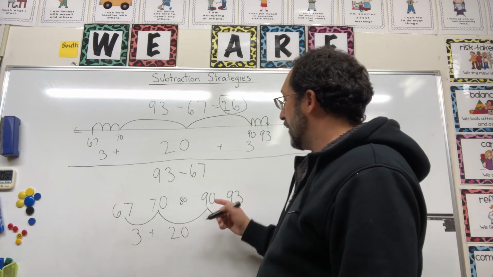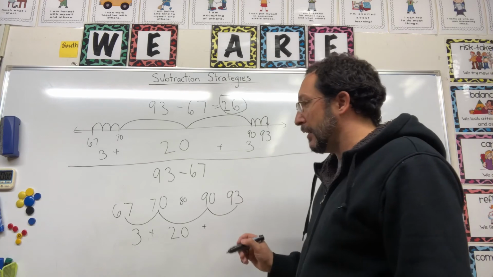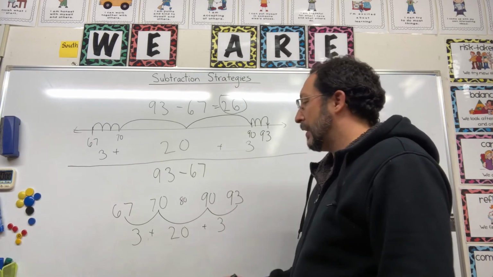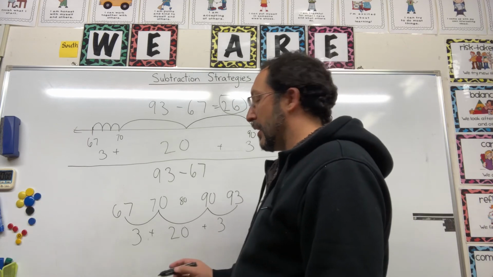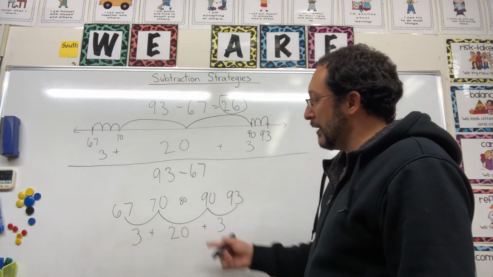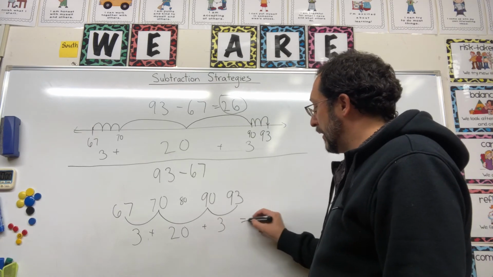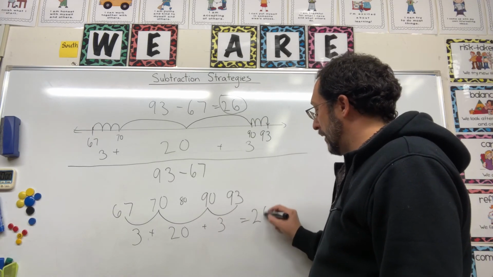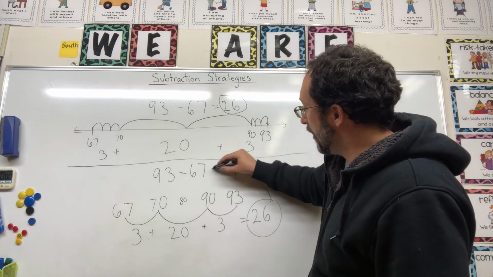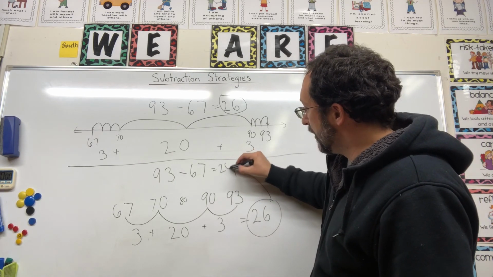And then 90 to 93, 0 plus 3 is 3. Okay? And that gives us the numbers we need to add up. So again, 3 plus 20 is 23. 23 plus 3 more equals 26. So again, it brings us our answer up here to 26.